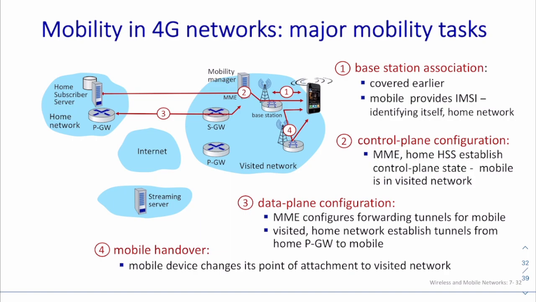As we mentioned before, in LTE there will be 2 tunnels. One tunnel is for eNodeB to S gateway. The other is from S gateway to P gateway, right?